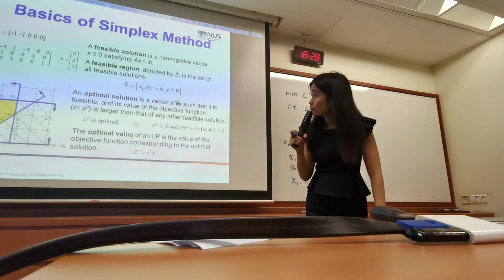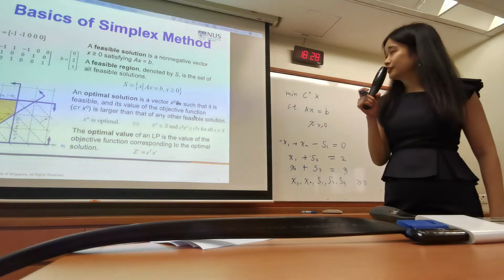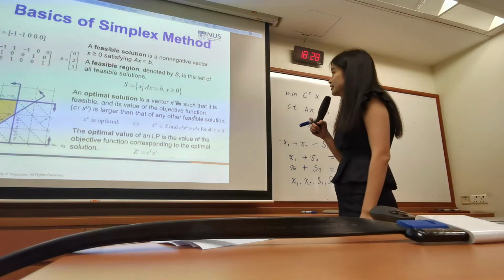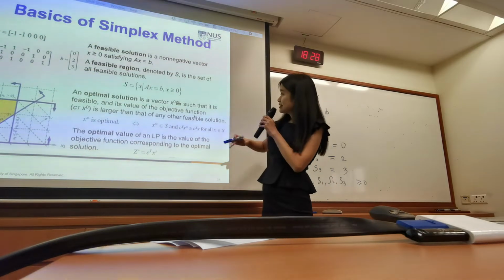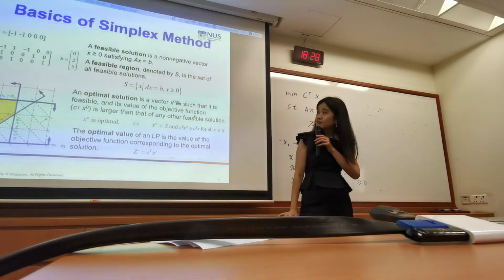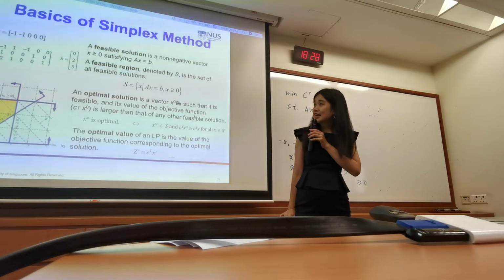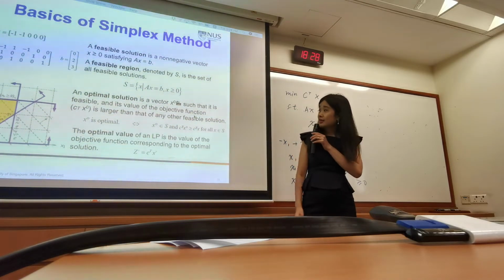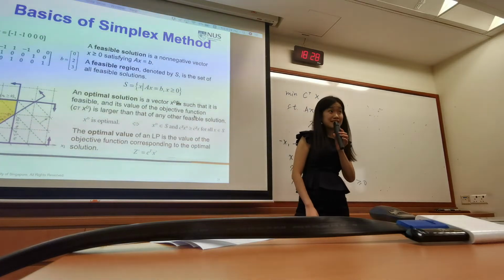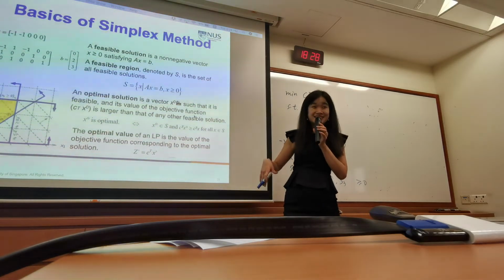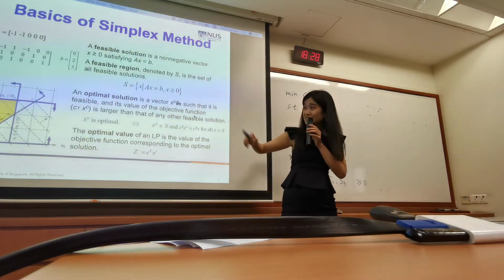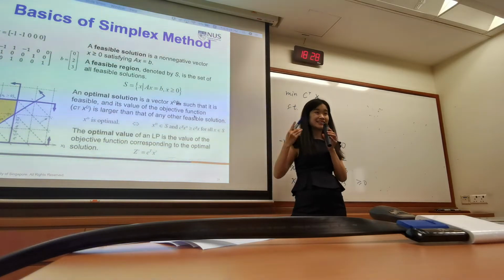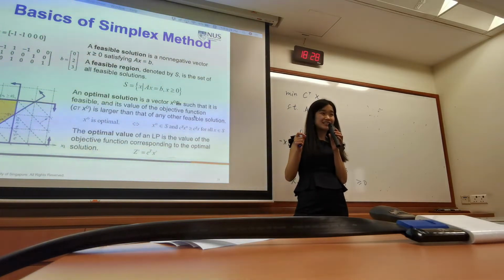And then our goal is to find a vector x0 to be feasible, such that its value of the objective function is larger than that of any other feasible solution in the case of a maximization problem. If it's minimization, it is always smaller than any other solution. So this is the mathematical definition, to be very precise.